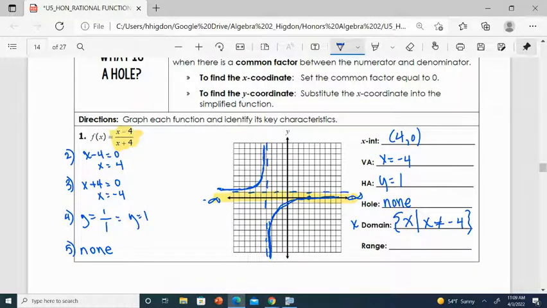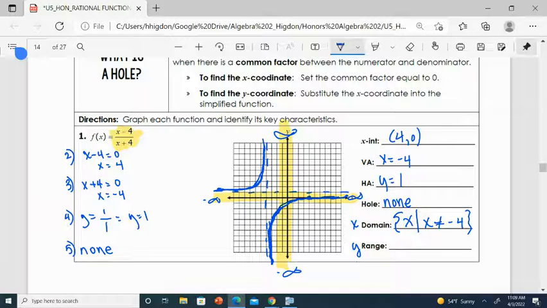Now let's talk about range. Remember, range is your y's. Again, I'm going to highlight the y-axis here. We're going from negative infinity on the y-axis up to positive infinity. Following this function from bottom to top, marking my pencil along the graph, once I get over here, I have to pick up my pencil and come back to continue on the function.